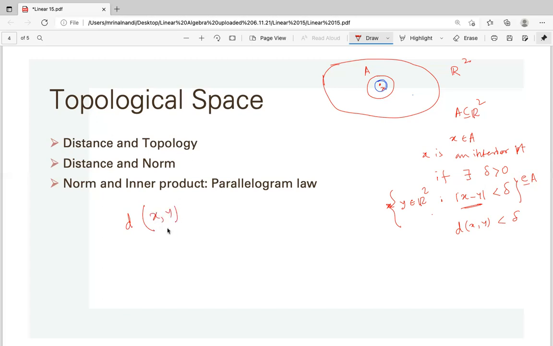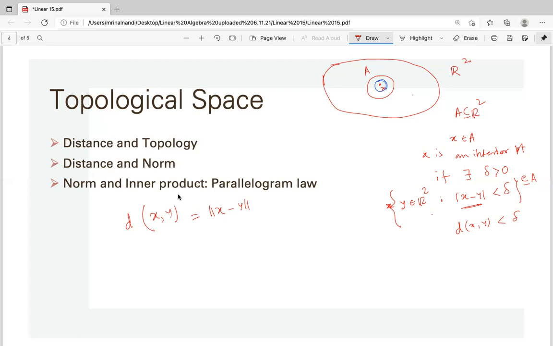You have a norm, so defining a distance is very easy. You can easily check that if you know the norm and have the properties of the norm, you can prove the properties of distance. So you can define distance from the norm.